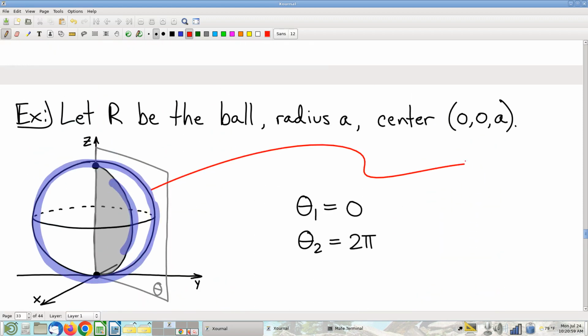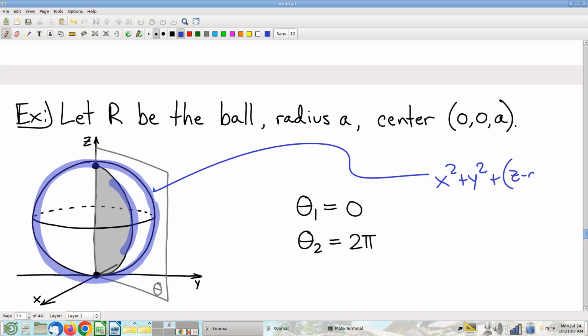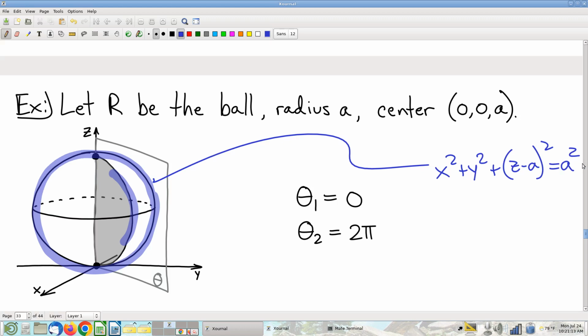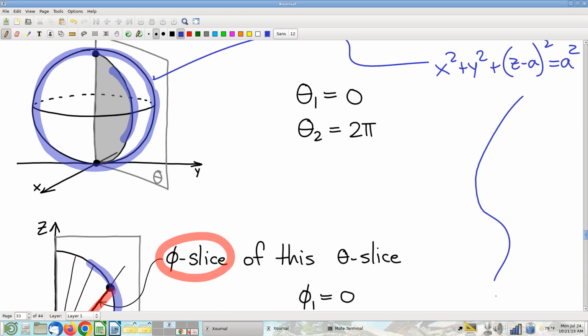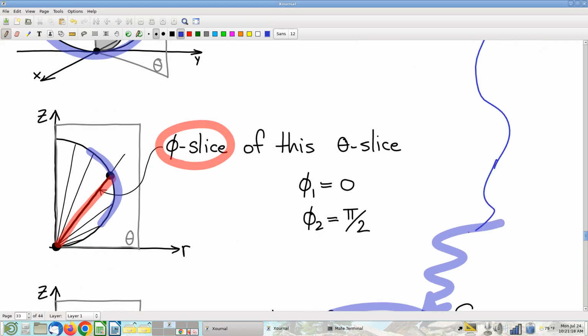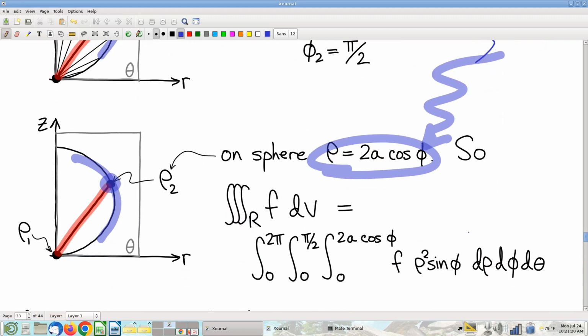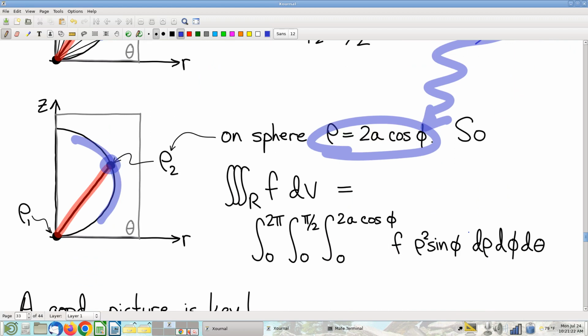The rectangular equation of this is x squared plus y squared plus (z minus a) squared equals a squared. Right? You write down the rectangular equation, and then you can convert to spherical coordinates per methods we talked about last week.